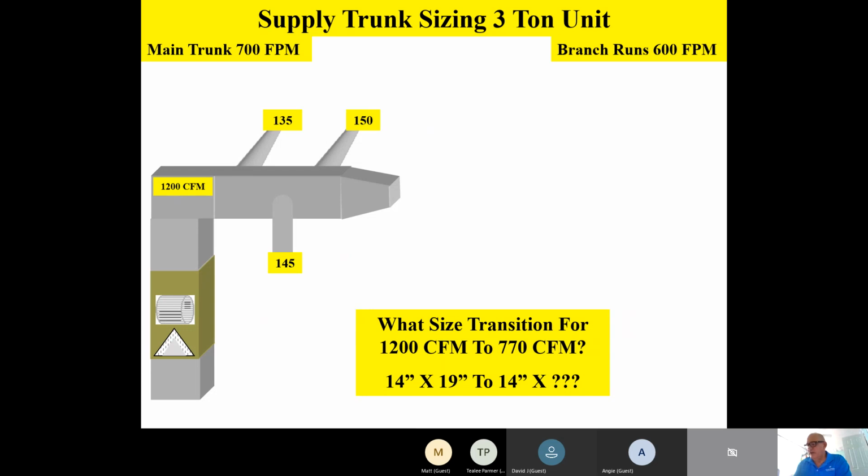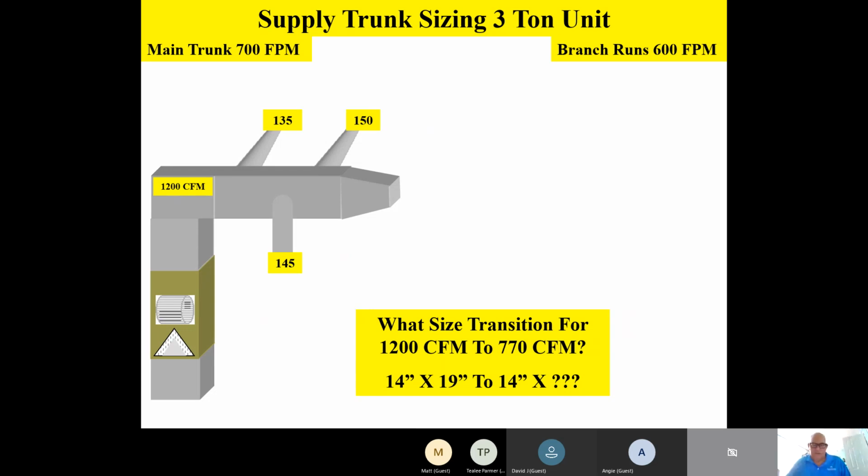So go ahead and take your duct calculator and find 770 CFM at 700 feet a minute velocity. We're going to see that our next duct size, we've gone from a 14 by 19 down to about a 14 by something to give us that main trunk velocity.